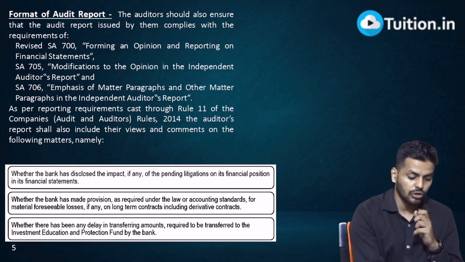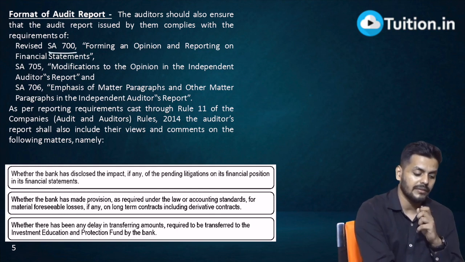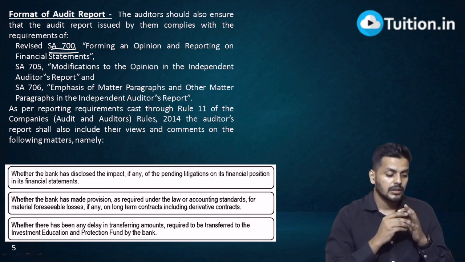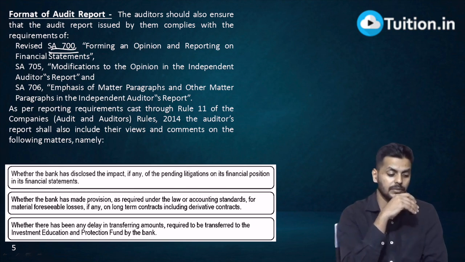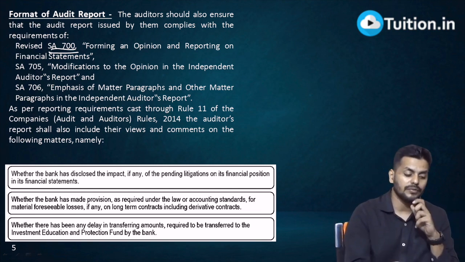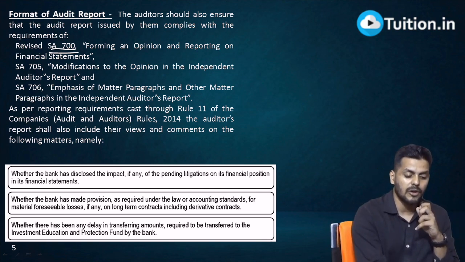And as indicated, no surprises, wherein format of audit report, if you speak about that, the auditor should also ensure that the audit report issued by them complies with the requirements of standard number 700, which is about forming an opinion and reporting on financial statements.